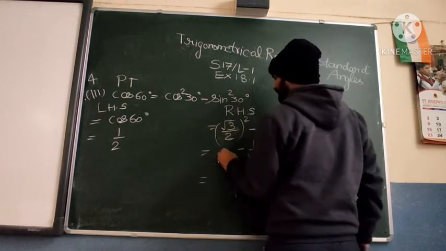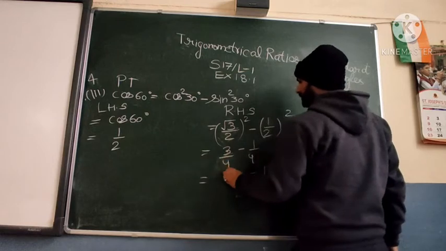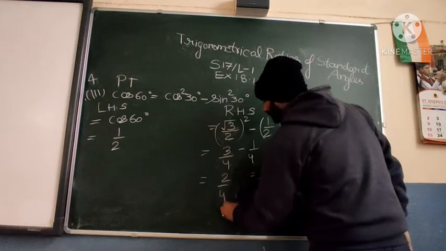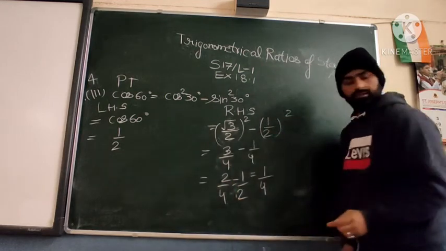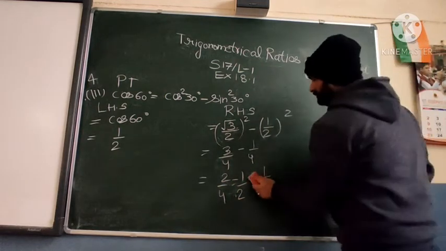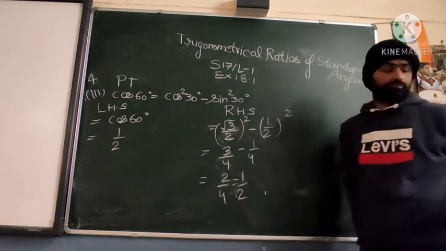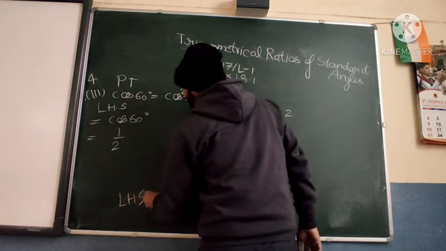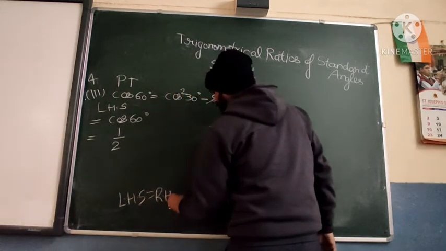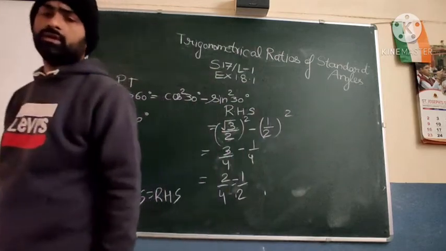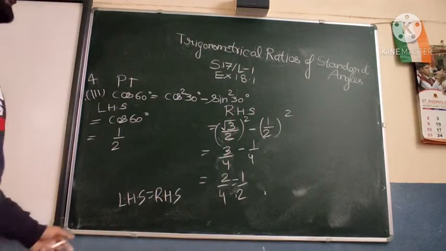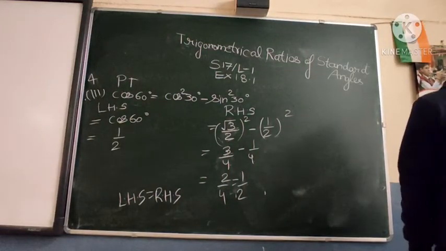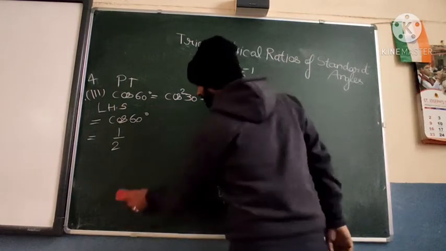So 3 square will be 3, minus 2 square is 4. 3/4 minus 1/4 is what? 2/4, which is equal to 1/2. So you need to remember the values. So this is equal to RHS. So it is proved here. Nothing difficult. Only thing is that you have to remember the values, and in a similar pattern you have to solve it. Let's take a few more questions.